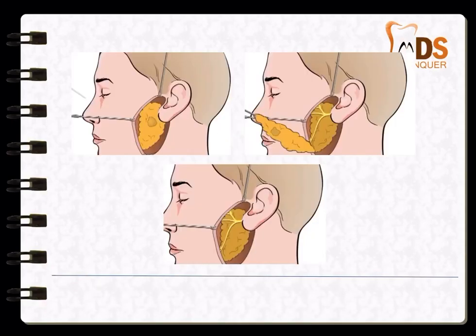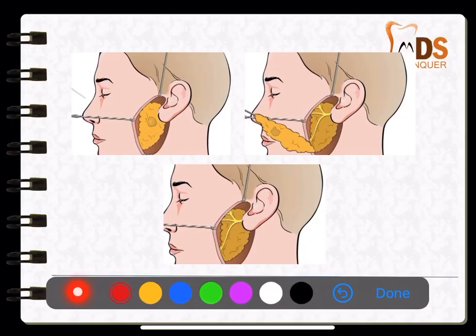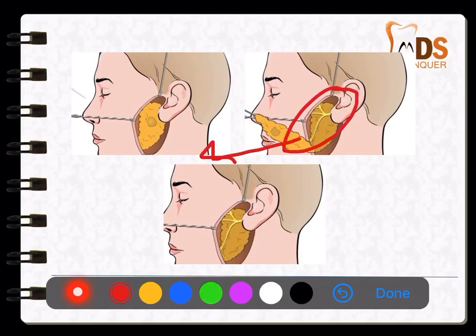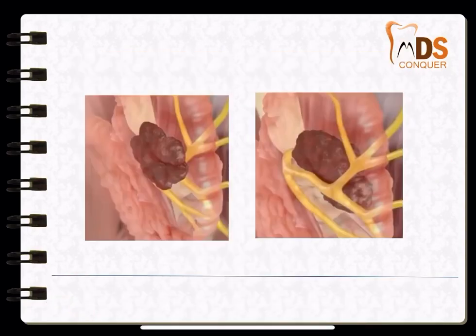Coming to the picture, the incisions are given and the superficial lobe is separated, and the facial nerve will be there like that, so that they can preserve the main trunk of the facial nerve. This is the most important parotid tumor treatment, that is superficial parotidectomy, also called Patey's operation.